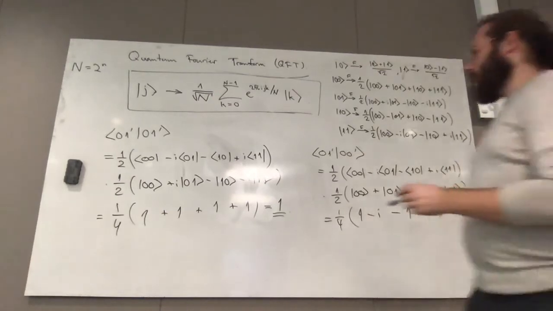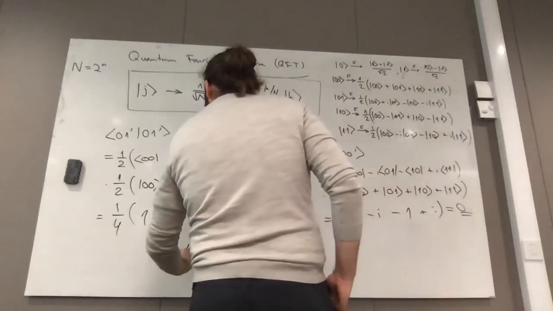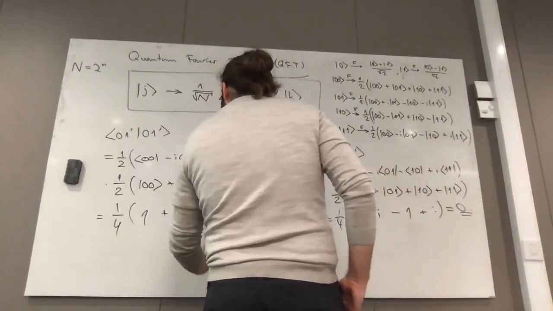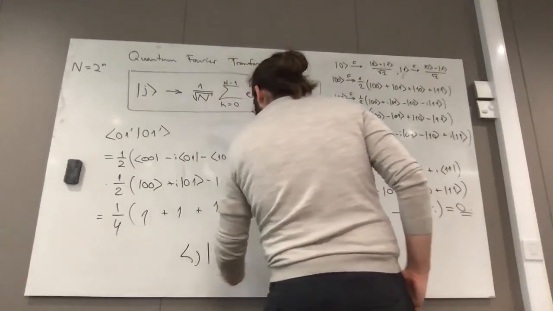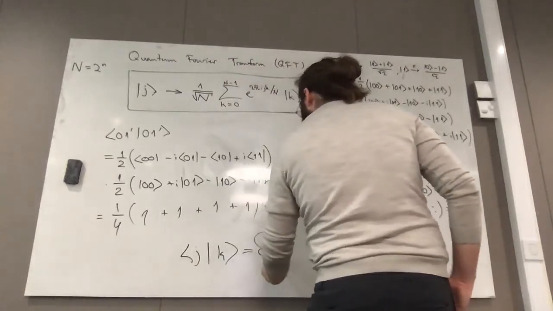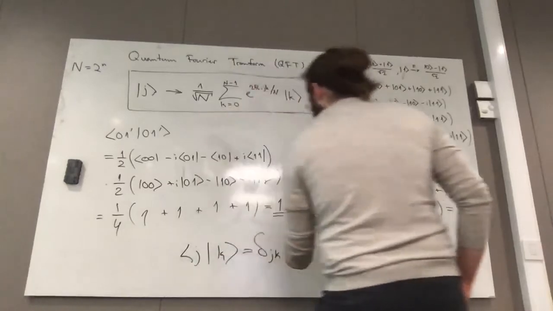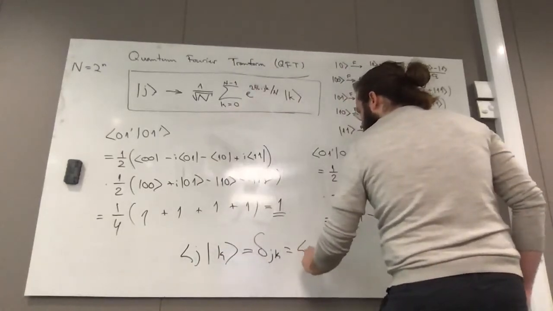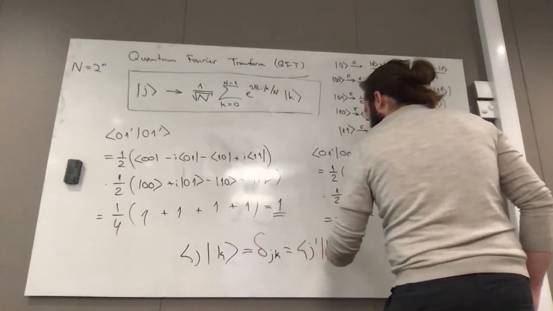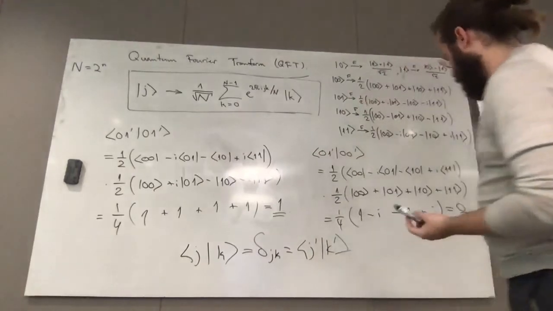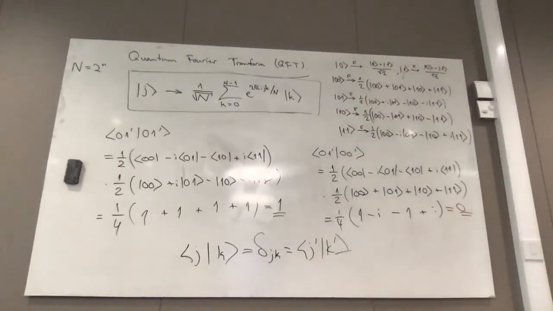So you get the situation where <J|K> is equal to the Kronecker delta of J and K, and that holds after transformation as well. So that's kind of the point. You're just transforming from one basis to another. Yeah.